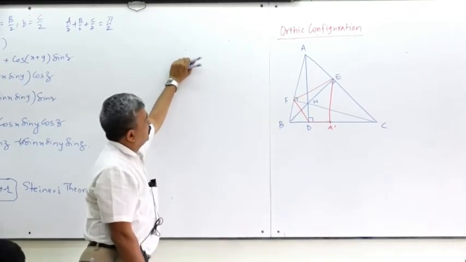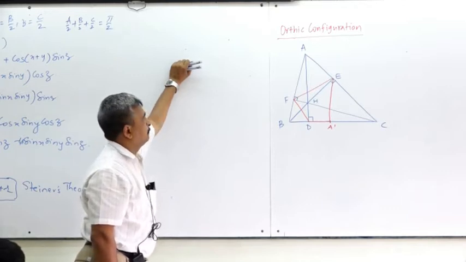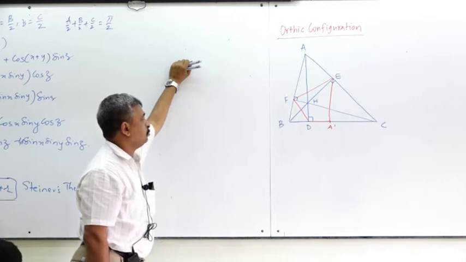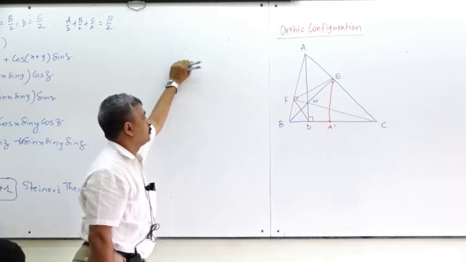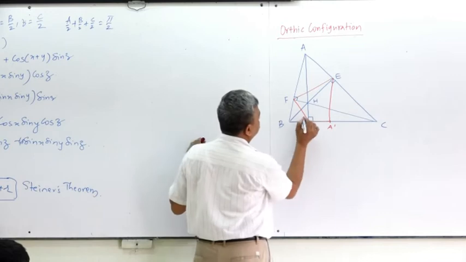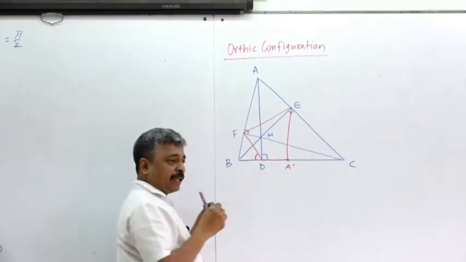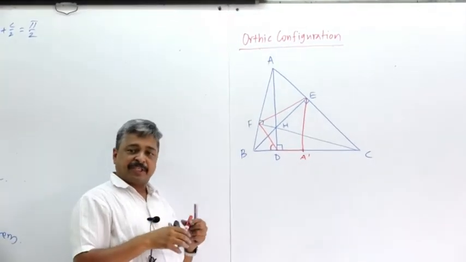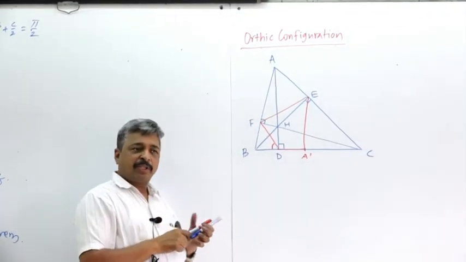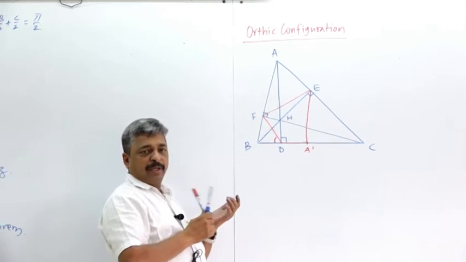Okay. Now, how much is this angle? Can you tell me? AFDC is a cyclic quadrilateral. Can you see that? Why?